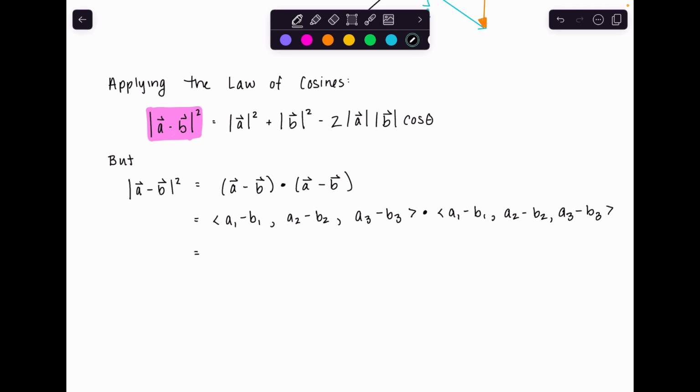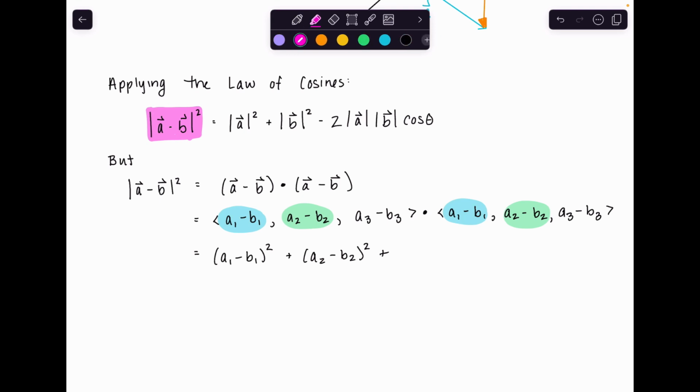And then we multiply like components. So let's make this a little bit bigger. When I take A1 minus B1 and multiply it by itself, that is just this quantity squared. Likewise, when I multiply the second component, it is A2 minus B2 squared.